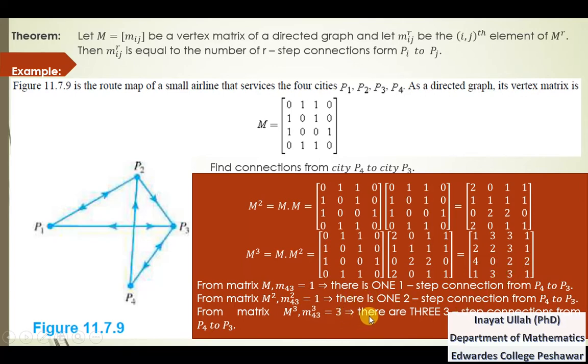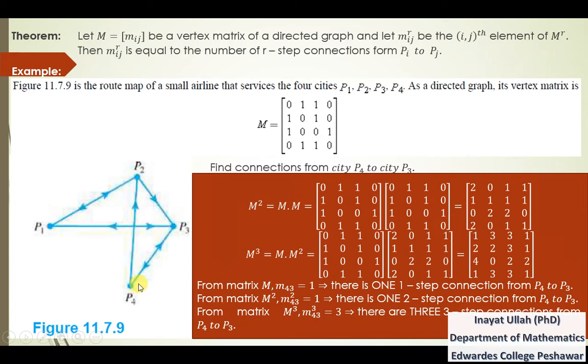It means that there are three-step connections from P4 to P3. Whenever you need to approach P3 from P4, there are 3 ways, and in 3 steps you can move from P4 to P3.